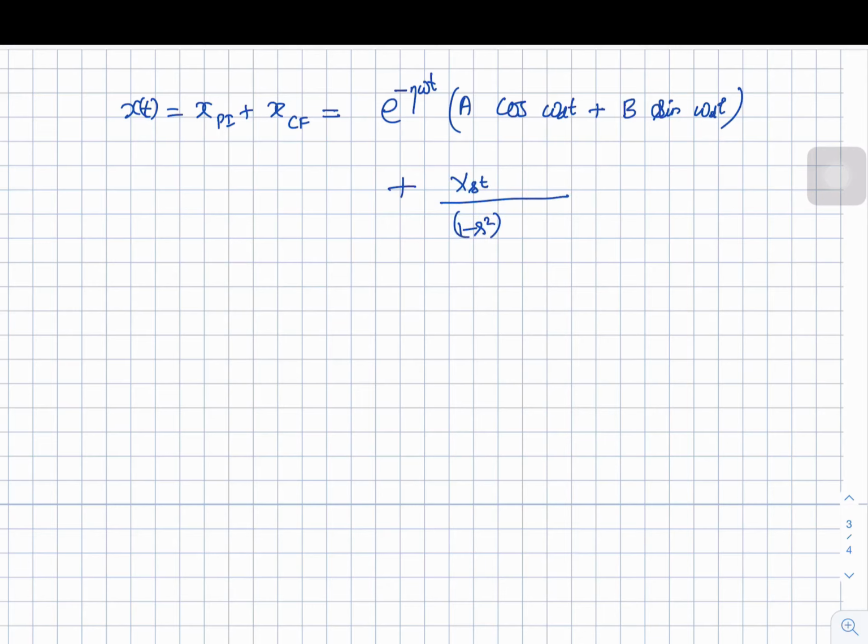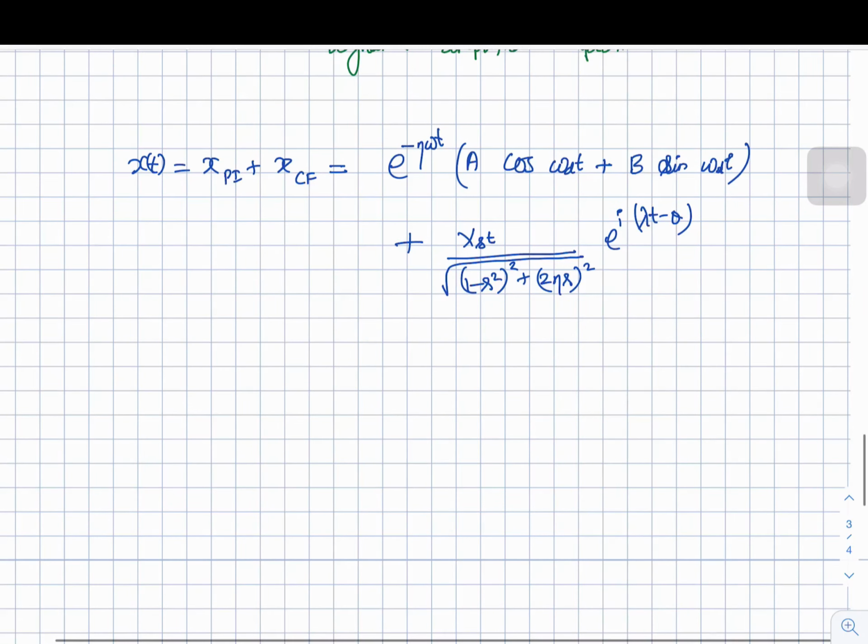Now we write the full total solution. Total solution x of t equals particular integral plus complementary function, which is e power minus eta omega t (A cos omega_d t plus B sin omega_d t) plus x_st divided by square root of (1 minus r square) whole square plus (2 eta r) whole square, e power i (lambda t minus theta).